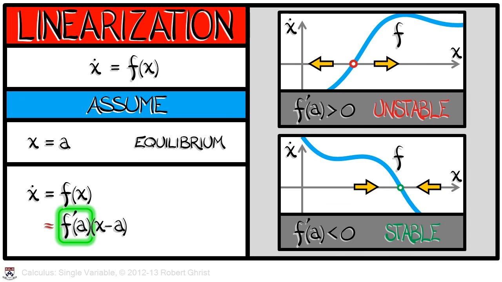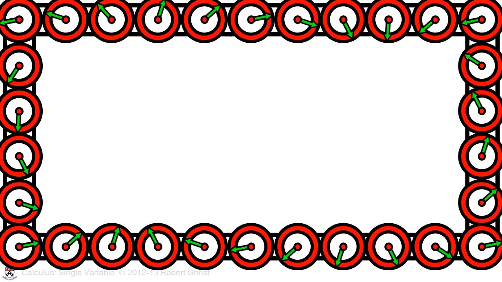This follows the exact pattern that we saw for our simple linear ODE. The sign of the constant out in front tells you whether you have exponential growth or exponential decay, whether you're unstable or whether you're stable.